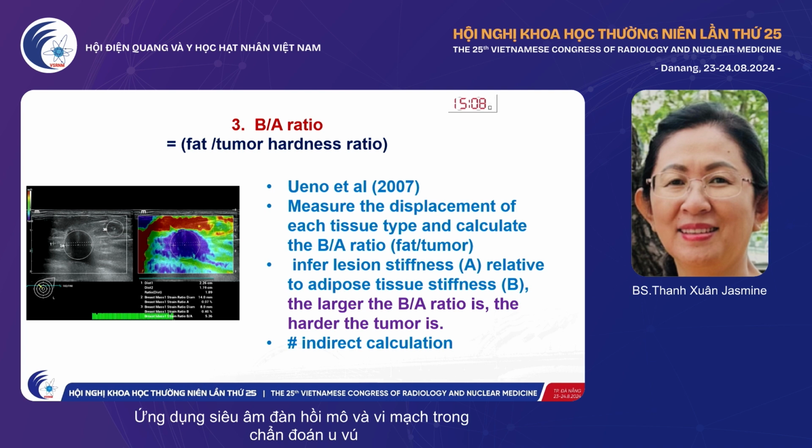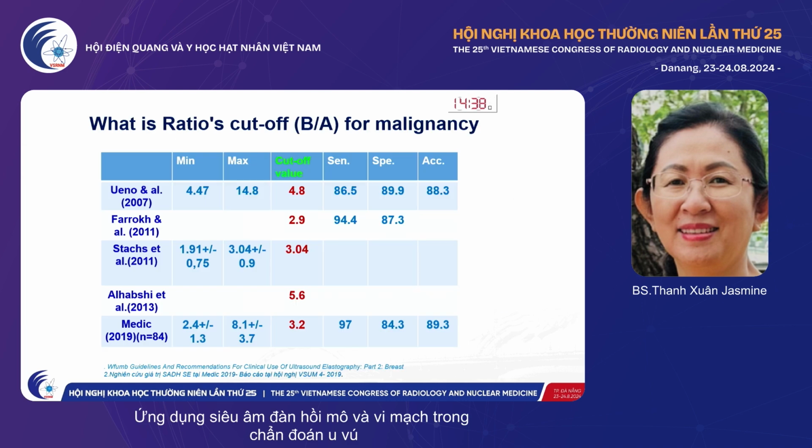Finally, we can infer the relative stiffness of lesion A in comparison with the adipose tissue stiffness B. It is considered an indirect calculation. The larger the BA ratio is, the harder the tumor is. For example, the BA ratio in this image is about 1.9. This shows that the tumor is quite hard due to its little displacement.